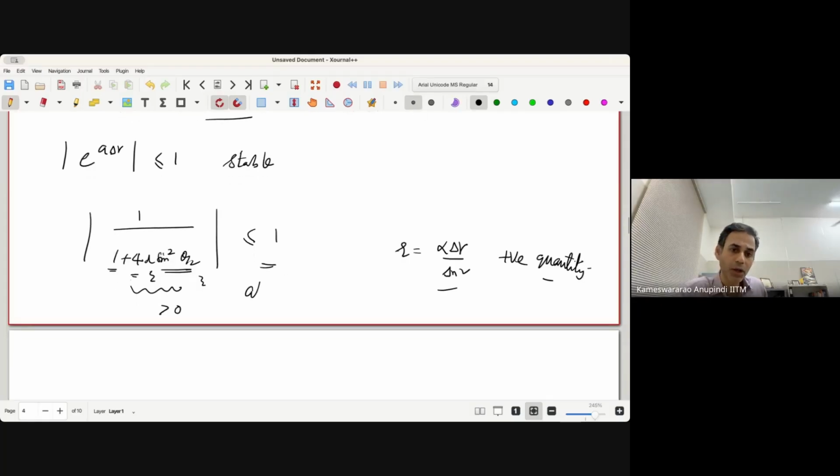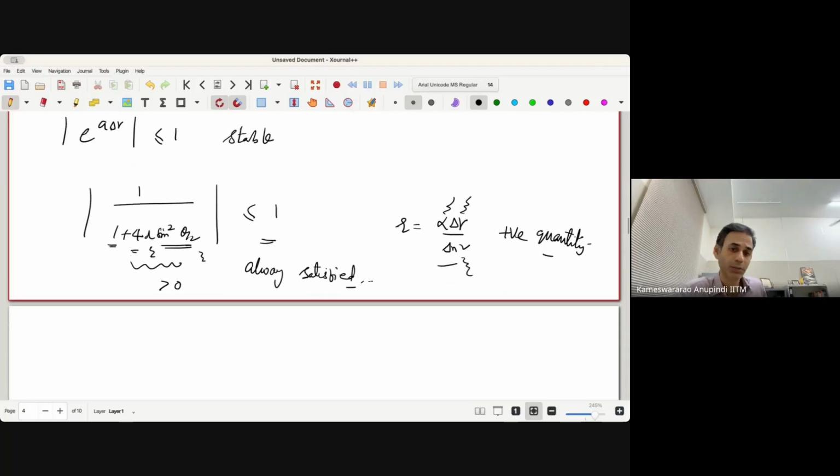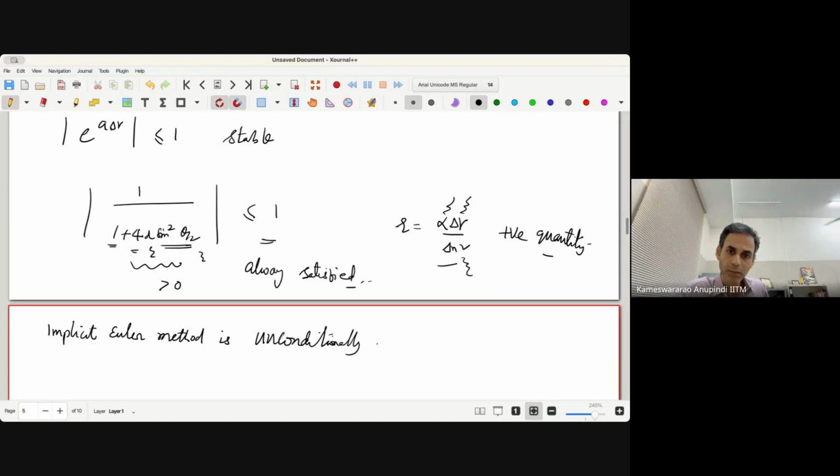So that means this is always satisfied irrespective of what alpha, what delta t, what delta x you're going to choose. That means the implicit Euler method is unconditionally stable, right?